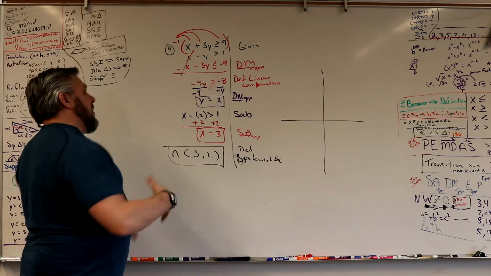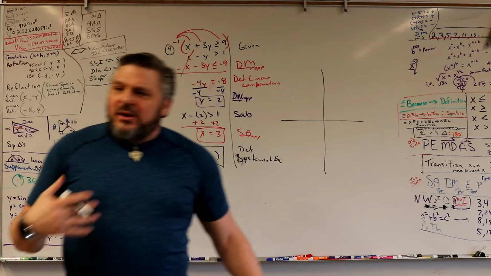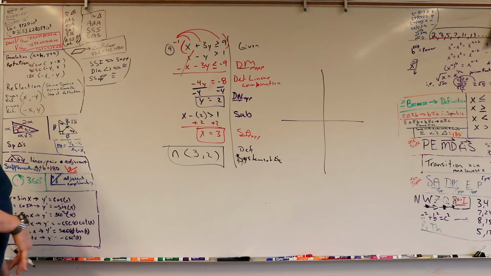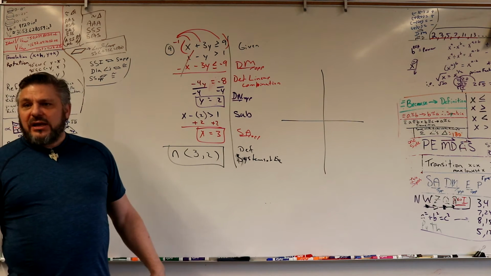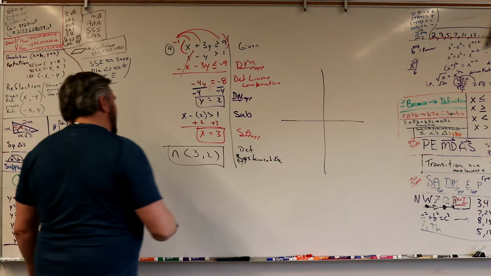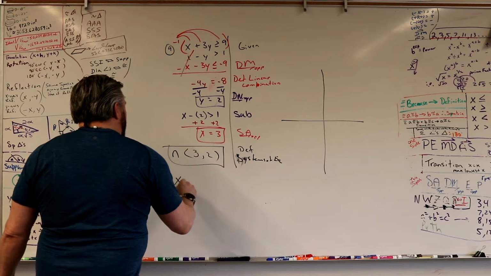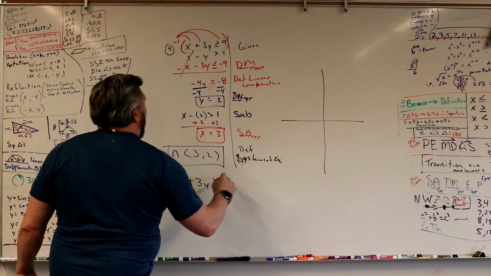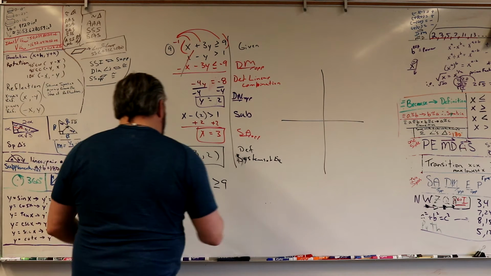There's a couple ways we can graph. Remember back in chapter 4, we can plug in 0 for X, 0 for Y, and solve. So let's do that with the first equation. So we have X plus 3Y is greater than or equal to 9.